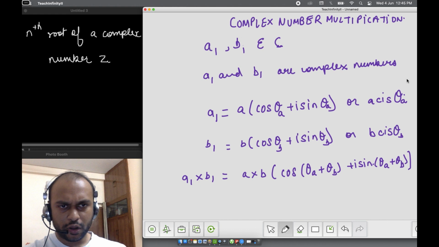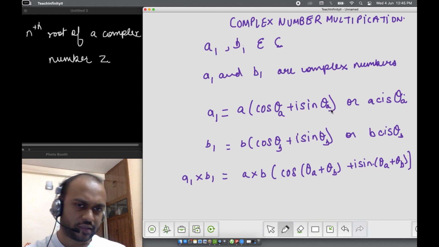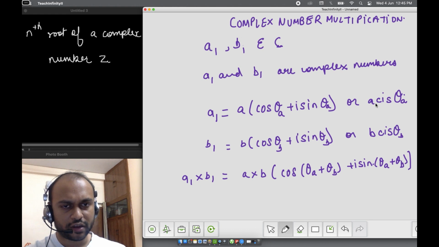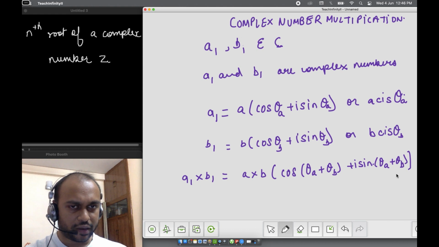Let's say we have represented both in their polar forms. a1 is equal to a (cos theta a plus i sin theta a), or another way of saying it is a cis theta a, where a is the modulus of a1 and theta a is the argument of a1. Similarly, b1 is also the same thing. Now, when you multiply two complex numbers, their moduluses get multiplied and their angles get added.